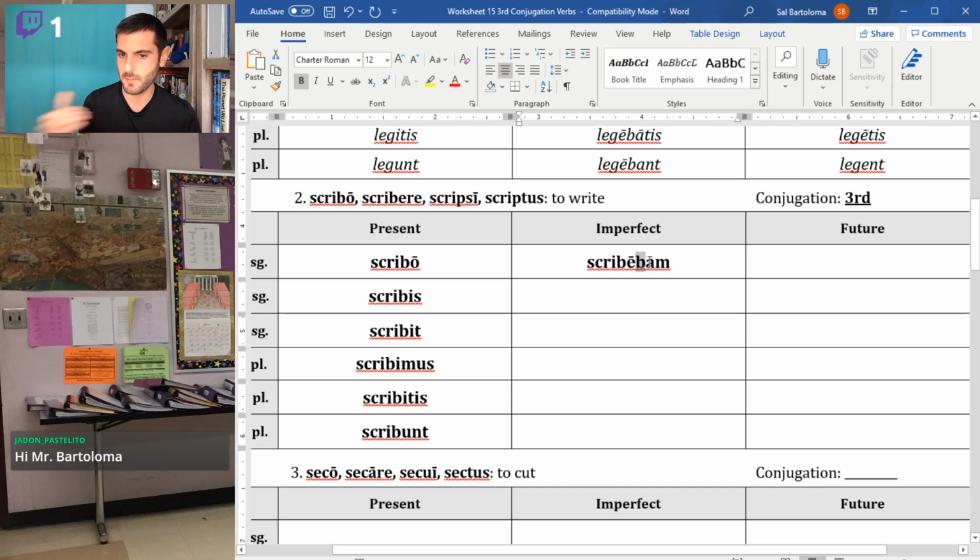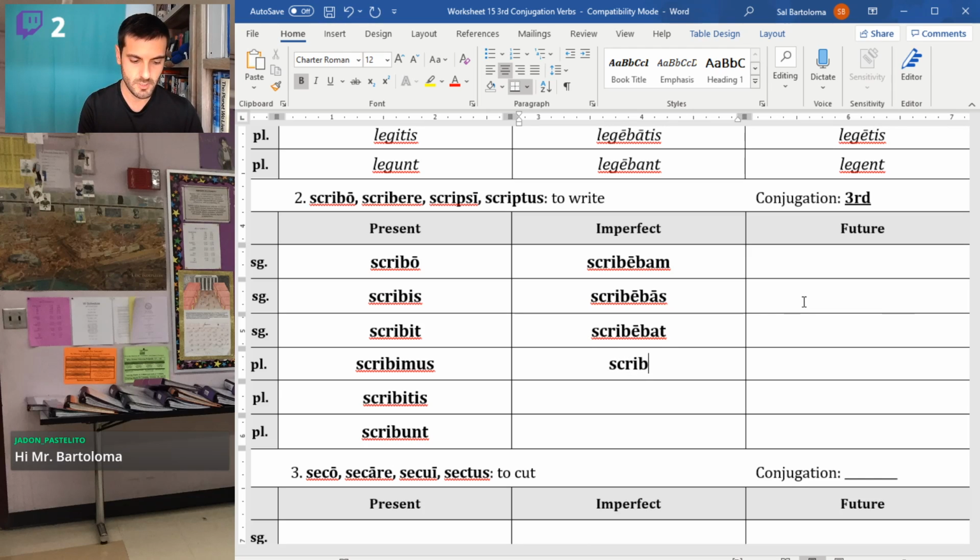So scribebam, scribebas, scribebat, scribebamus, scribebatis, and scribebant.